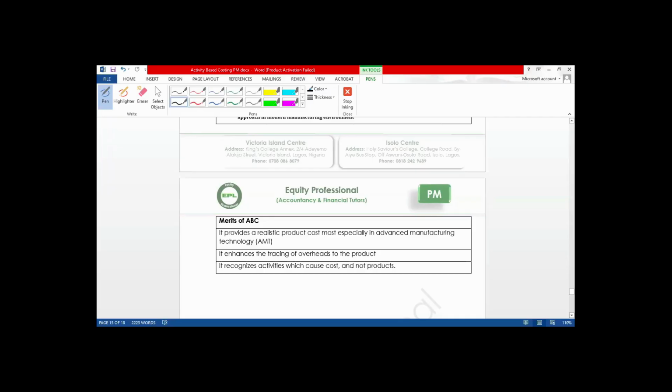Number three, it recognizes activities which cause cost, not products. It can lead to better decision making. It enables the company to determine appropriate selling price.